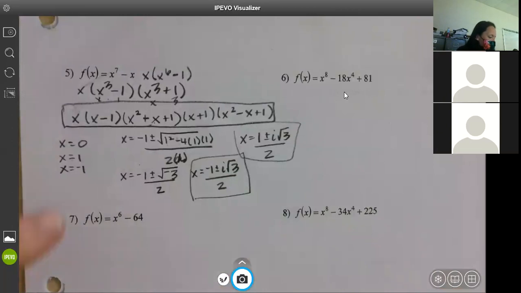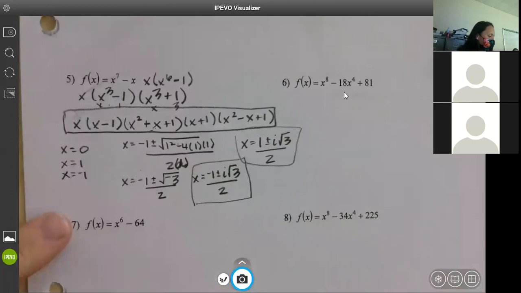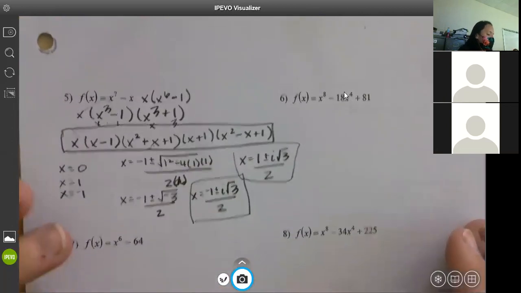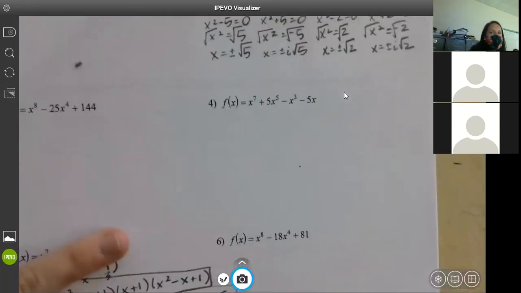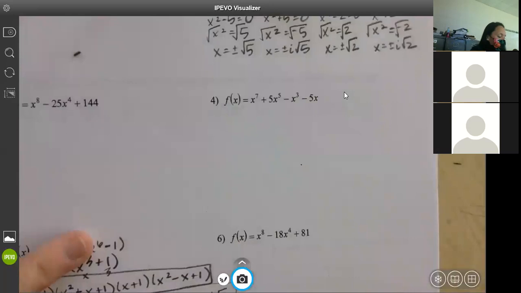All right. Number 7 is exactly the same as that one. It just doesn't have a GCF to start with. Okay. I'm going to move up to number 4. 1 and 4 are the same. So I'm doing all the problems technically, just not doing every single one of them. How many terms do I have? 4.